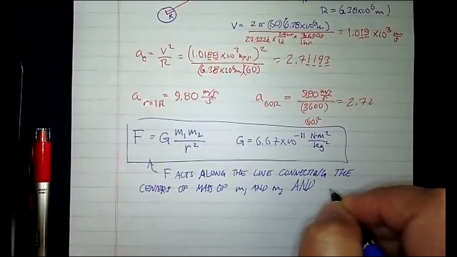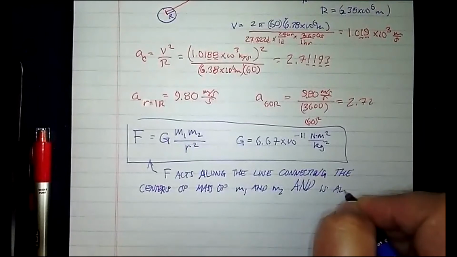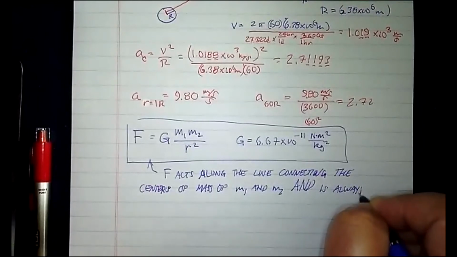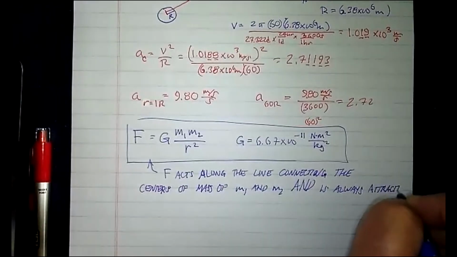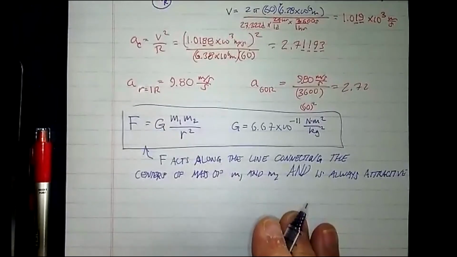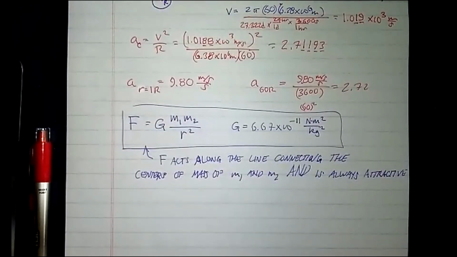And big F here is always attractive. Now, if we actually found a repulsive form of gravity, then we'd have to rethink everything. But so far, we've never found such a thing.